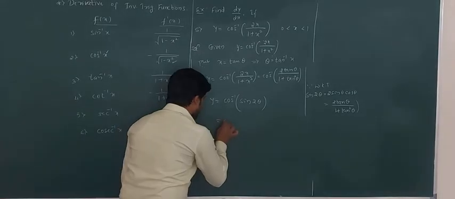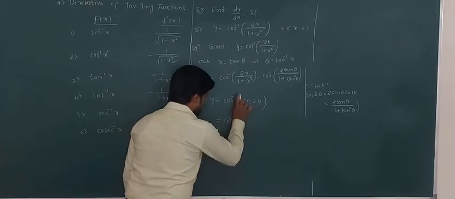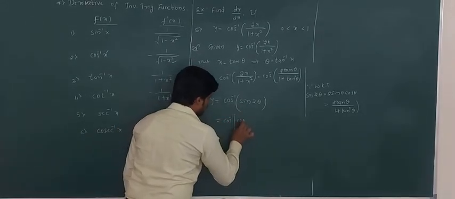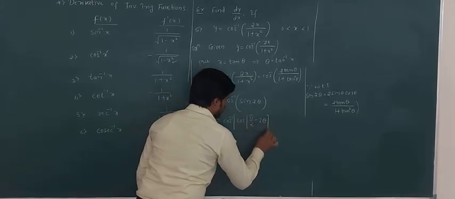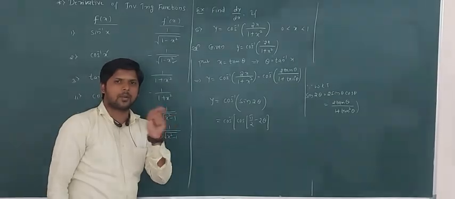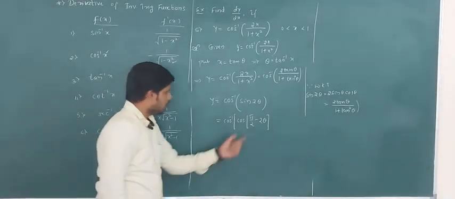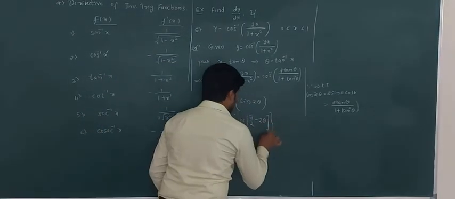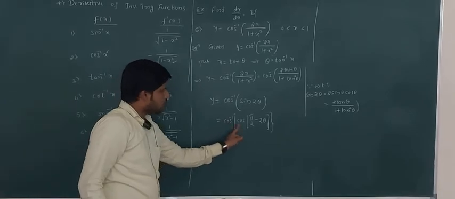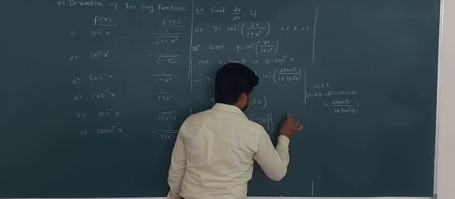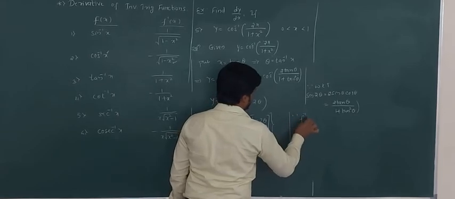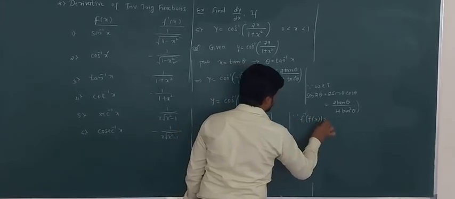So this can also be written as cos inverse of cos of (pi by 2 minus 2 theta), since cos of (pi by 2 minus 2 theta) is equal to sin 2 theta. Okay, here now the function and inverse function are the same, and we know that inverse of f of f of x equals x.